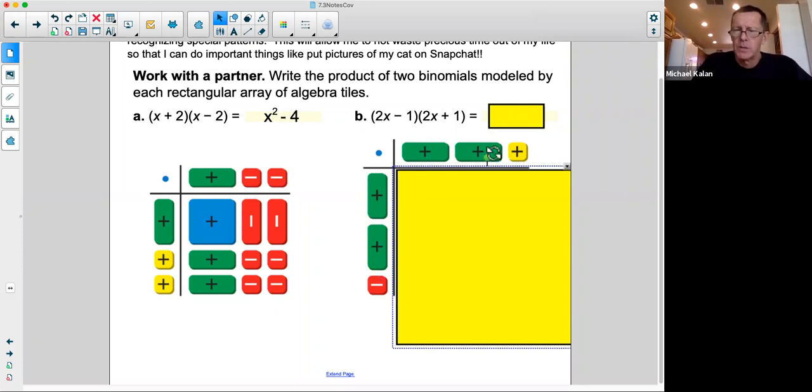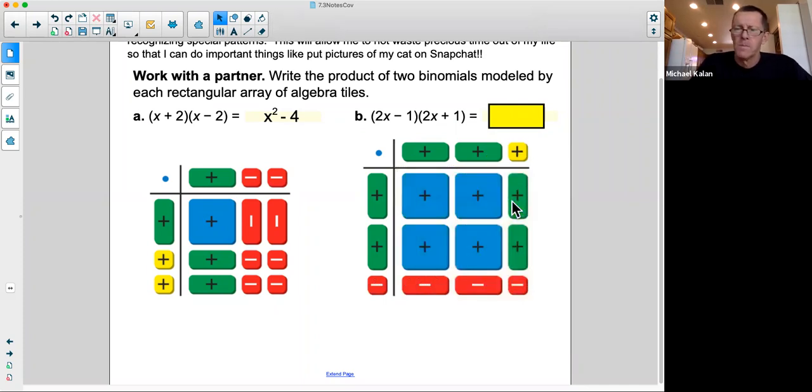2x minus 1, 2x plus 1, and then multiply. So 2x times 2x, negative 1 times 2x, 2x times positive 1, negative 1 times positive 1. Okay, go ahead and fill it in. So hopefully you have 4x squared, right?